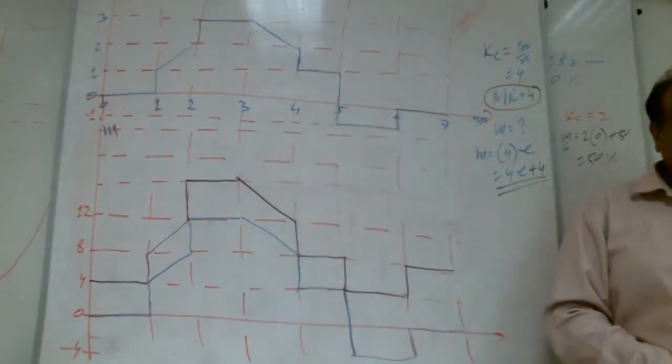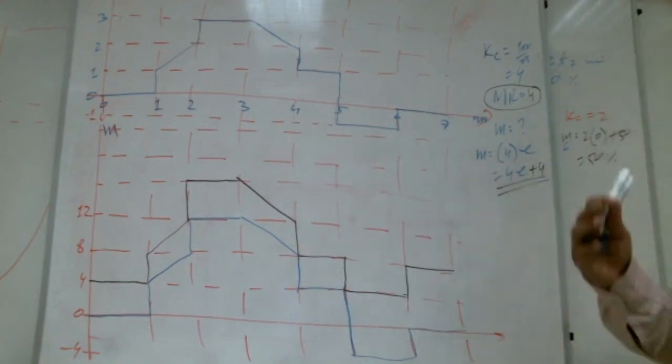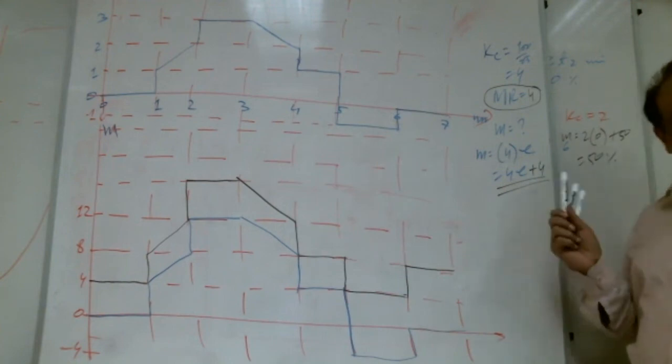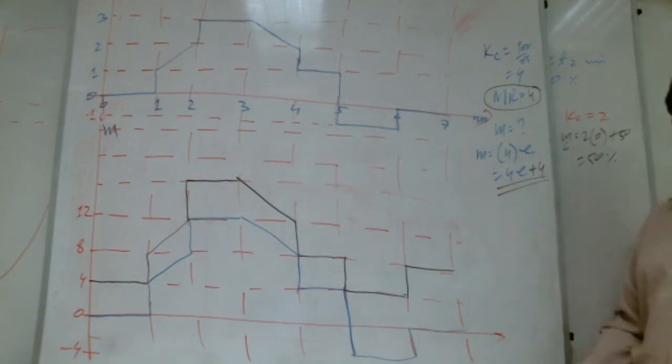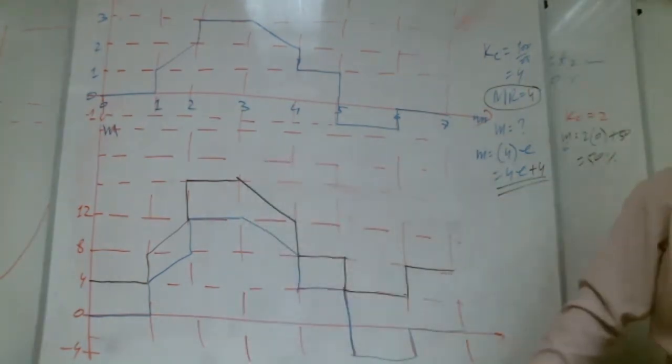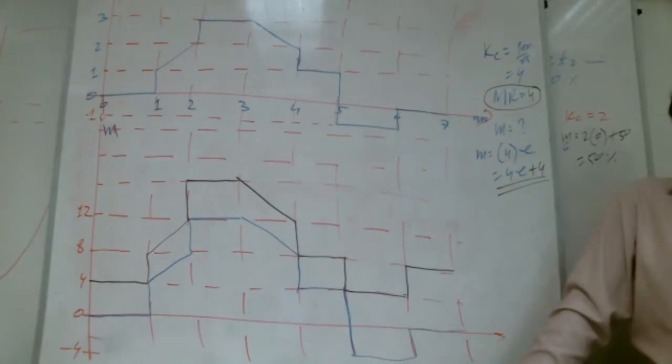And theoretically, imagine the MR is negative. Then what will happen? It will be down. It will shift the graph down. That's it. Shabab with me?